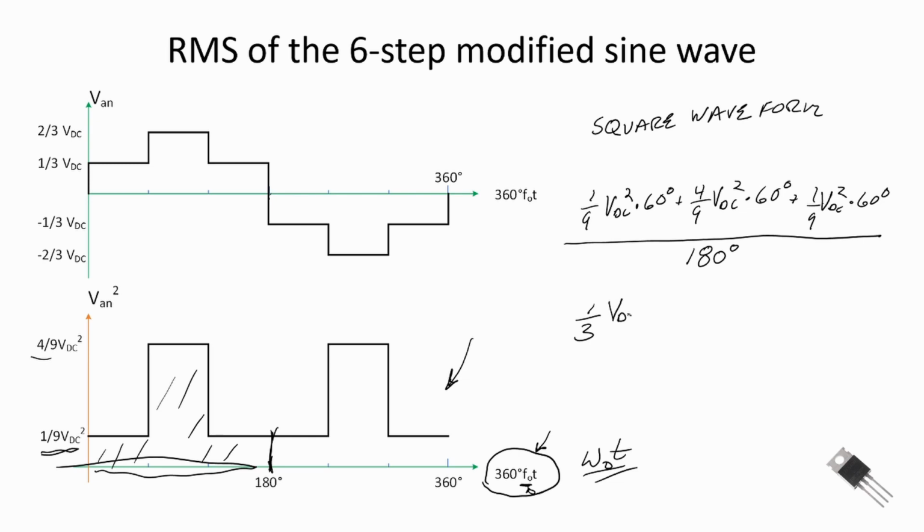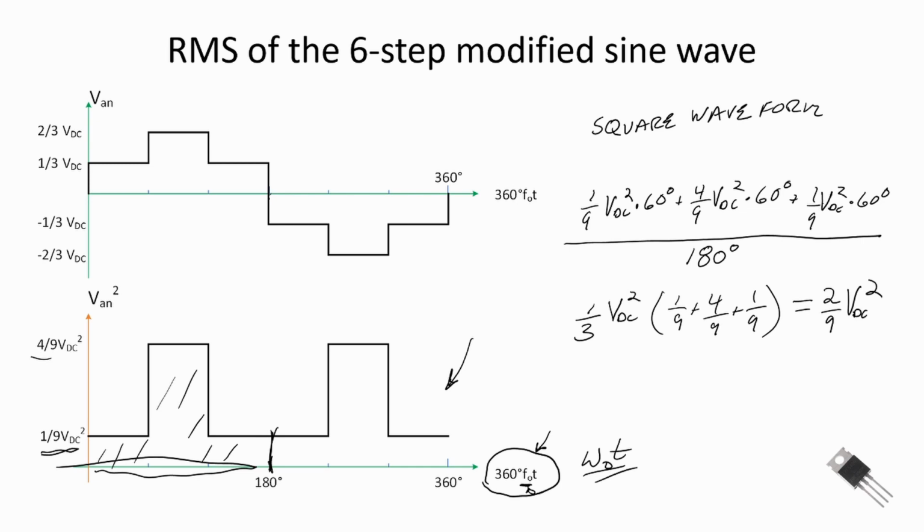The VDC factors out as well, and then we're left with 1/9 plus 4/9 plus 1/9, and that's equal to 6/9 or 2/3. This whole equation is equal to 2/9 times VDC squared.